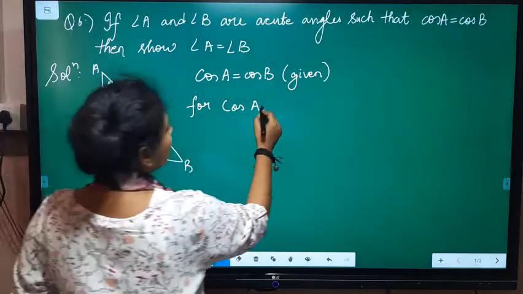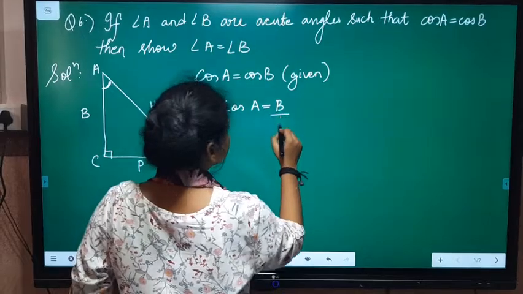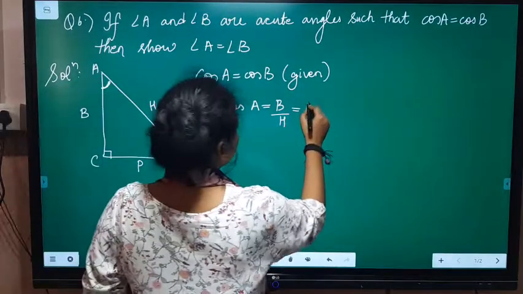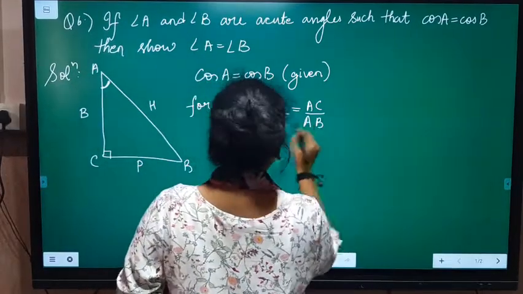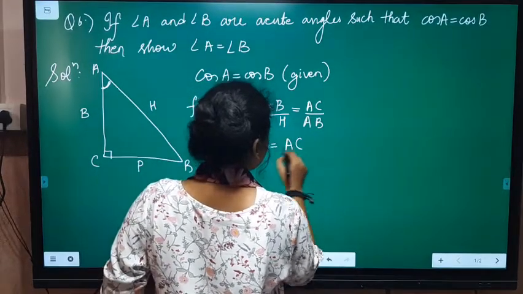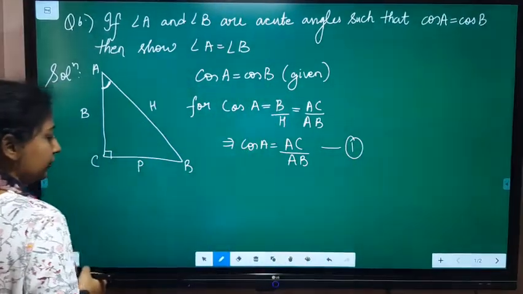So value of cos A should be base upon hypotenuse, where base is AC and hypotenuse is AB. So this means cos A equals AC upon AB. Let us consider this as equation number 1.